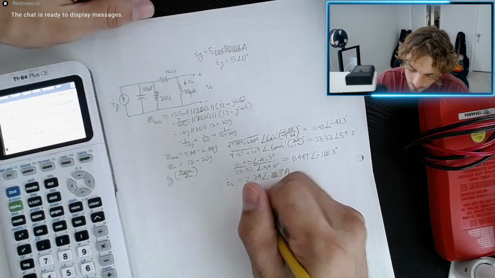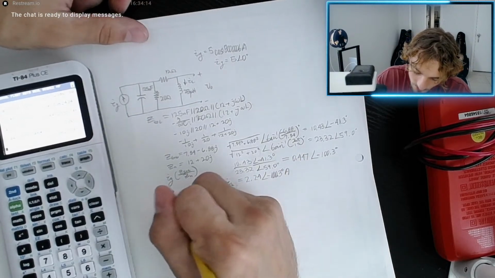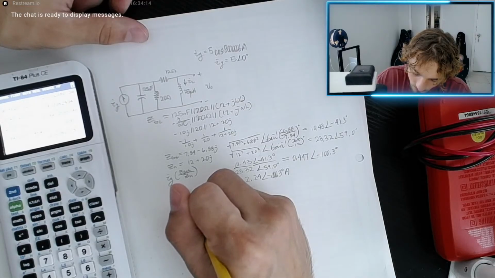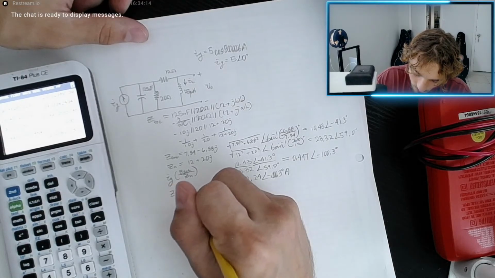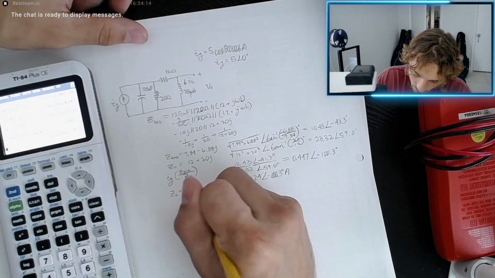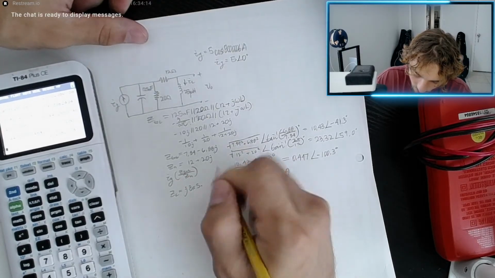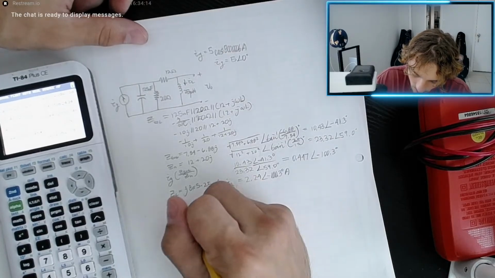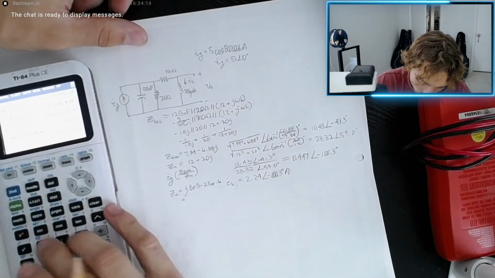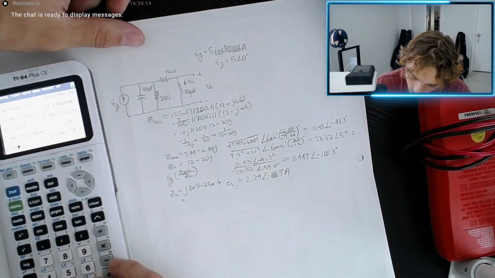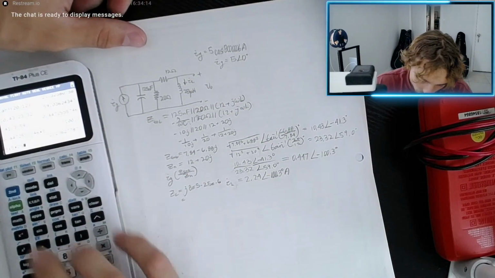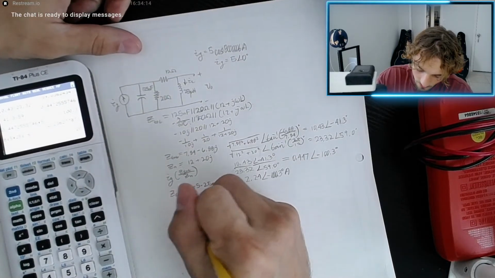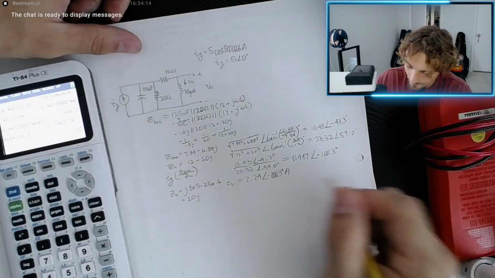Okay, so now let's consider ZL equals j omega L, which is 8E5 multiplied by 25E to the negative 6, which is 20. Oh, right, we already calculated that. 20. Okay.